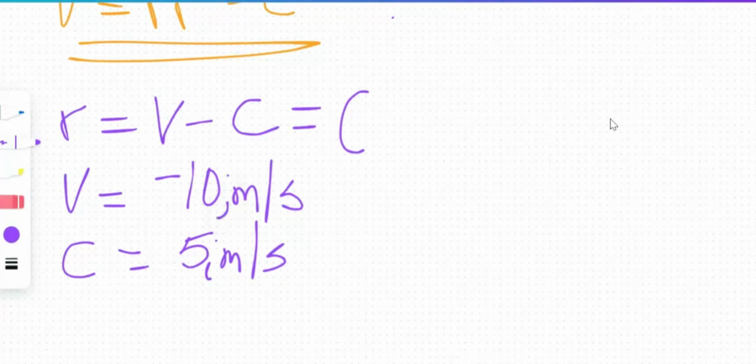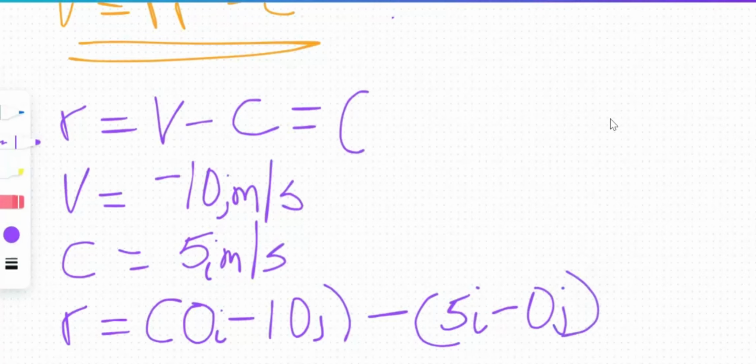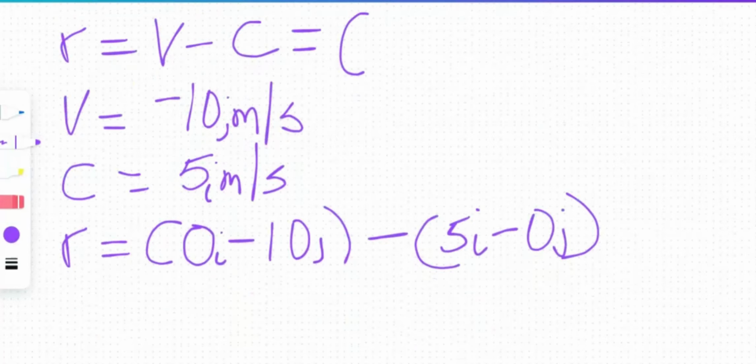All right. So now for us to solve this, the relative velocity r will be v minus c. For v we only have j, we don't have i, so 0i plus 10j. Then minus c, which is 5i minus 0j. So now let's take their like terms.